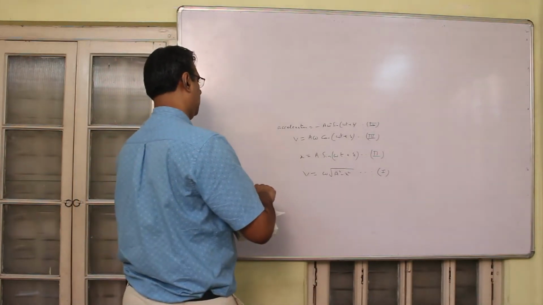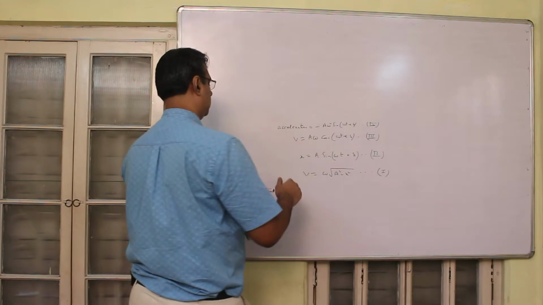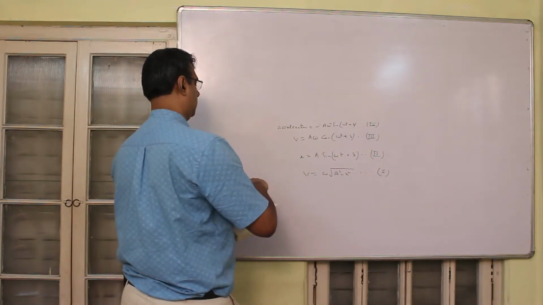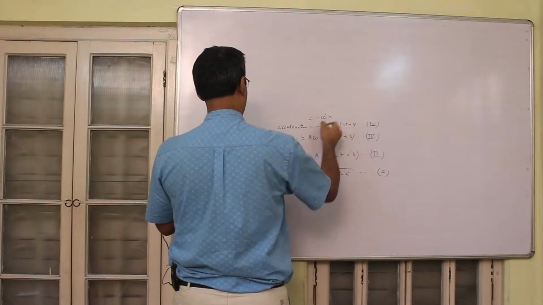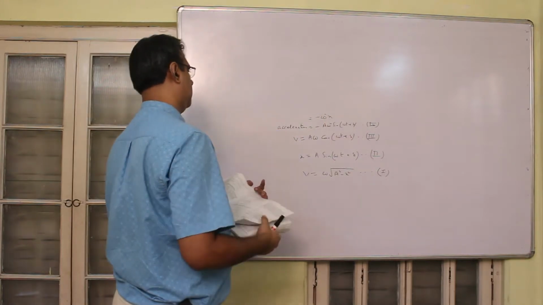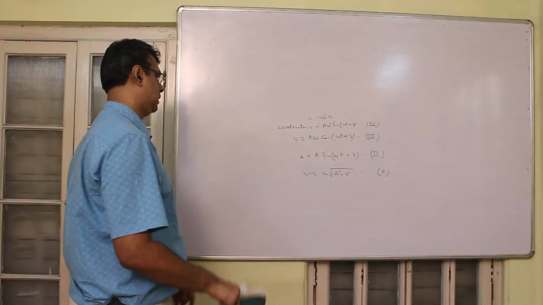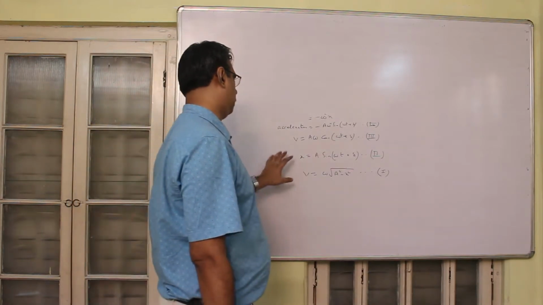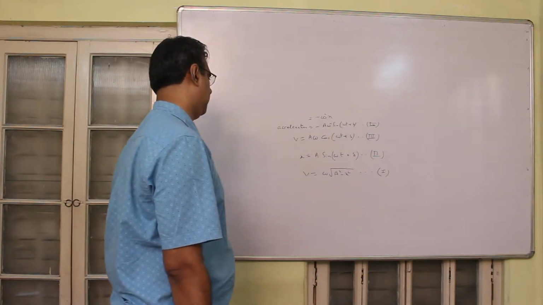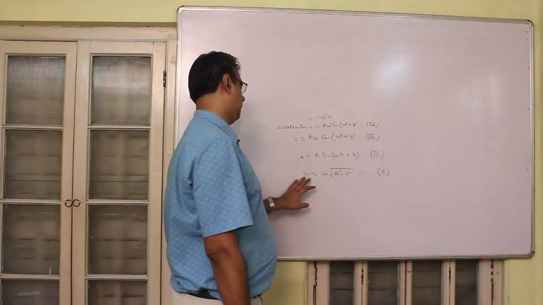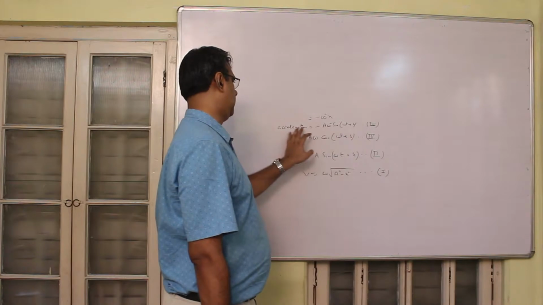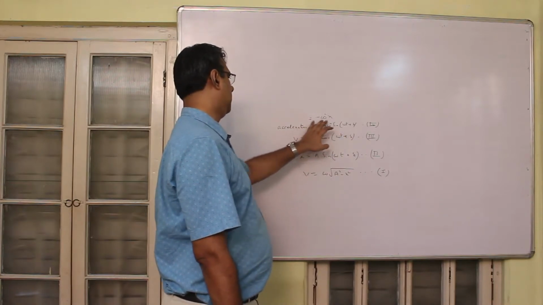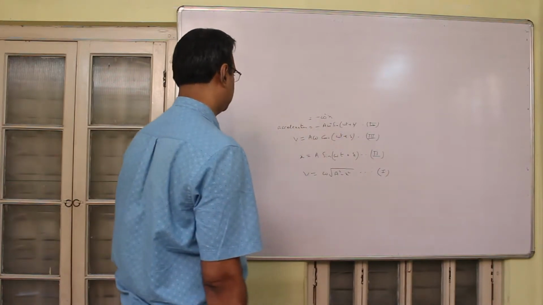So we have basically come back to our original equation, that is acceleration is minus omega square x. So these are the four basic equations of simple harmonic motion: velocity in terms of x, x in terms of t, v in terms of t, acceleration in terms of t, and acceleration in terms of x.